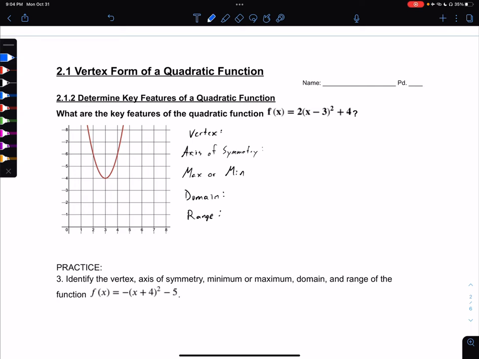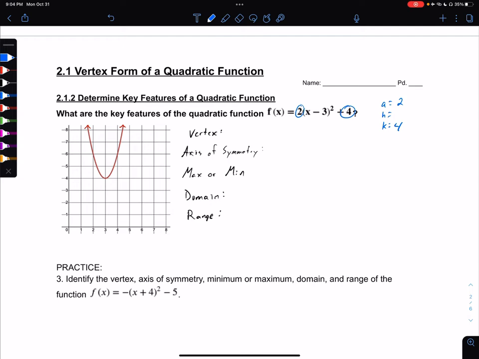So one of the first things you should look at is you should label your A, H, and K values. It'll help you with the vertex, axis of symmetry, and the range. So that'll come in handy. And I'm just going to put some arrows on the top of my graph here. All right, so A in this case is our 2. K is the easy one, that's a 4.